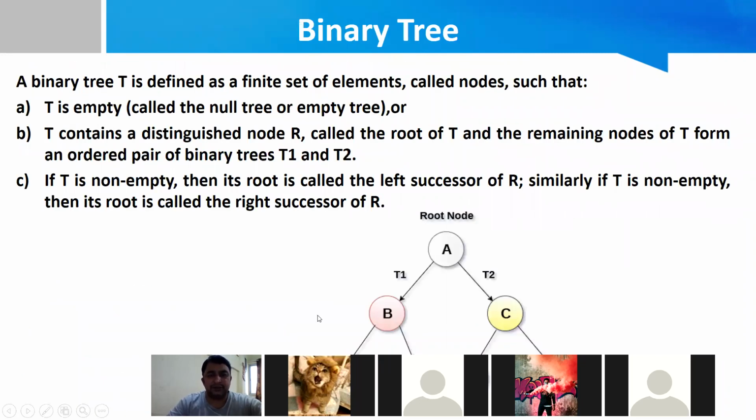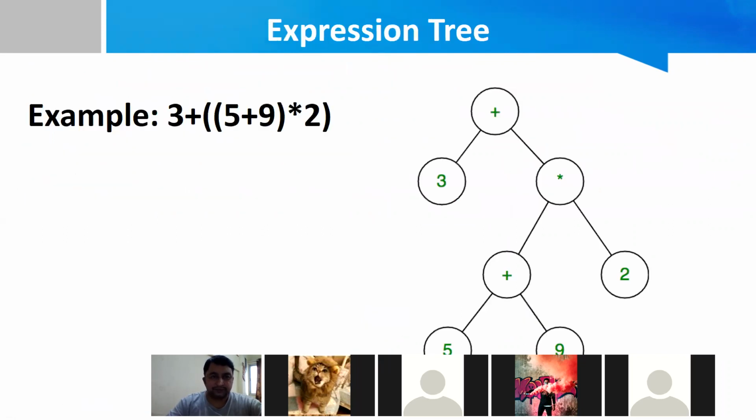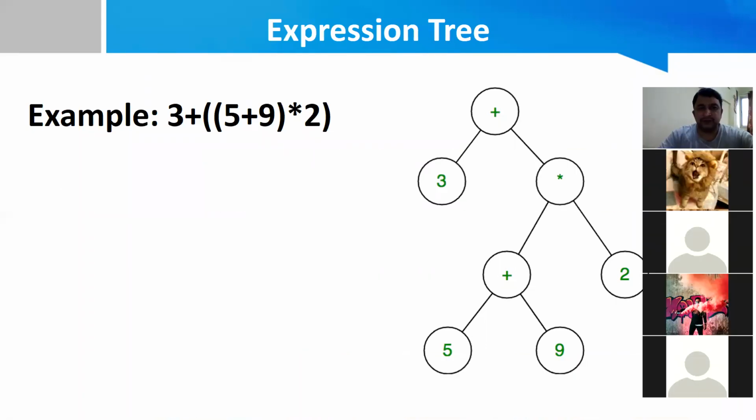Binary tree, it continues with the same thing, whatever I have explained there. Same thing. It's a small example. So how this expression has been explained with this binary tree: 3 plus 5 plus 9 multiplied by 2. So first the inner one will be taken.